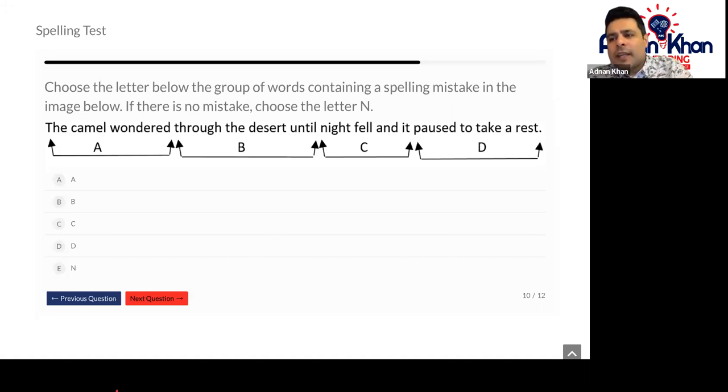Yeah, I can't actually hear you properly, Humera. I'm sorry. I don't know whether you're answering the question at the moment or not, but in this case, we're going to go for wondered, which is going to be the incorrect spelling, right? Because it could be the other way around as well. Or you said before, I think I heard you said that it's N, because there was no mistake in this case. But let's just double check that as well very quickly.